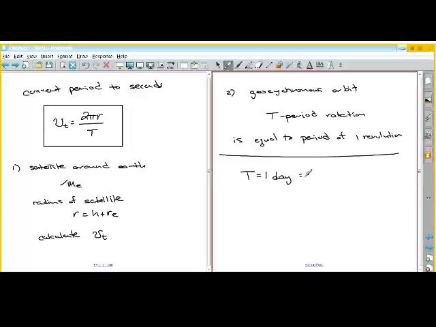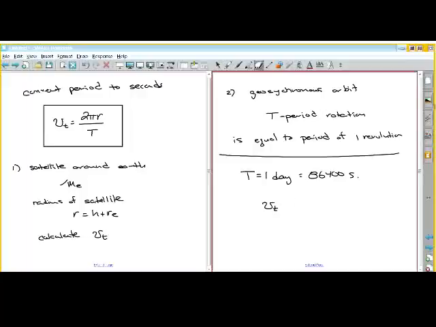And so if you take 1 day and you figure out how many seconds, well, there's 60 seconds in a minute, times 60 minutes in an hour, times 24, which is 8,640 seconds.